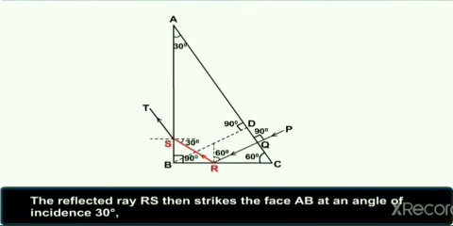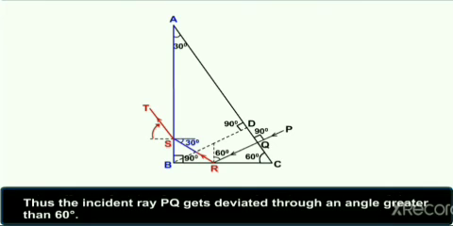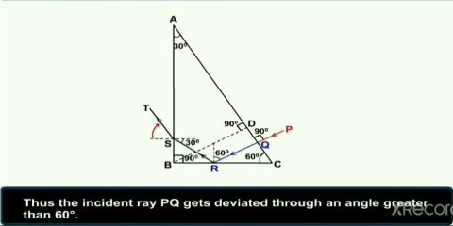The reflected ray RS then strikes the face AB at an angle of incidence of 30 degrees. So it suffers refraction from glass to air and emerges out of the prism as ST, bending away from the normal at the face AB. Thus, the incident ray PQ gets deviated through an angle greater than 60 degrees.